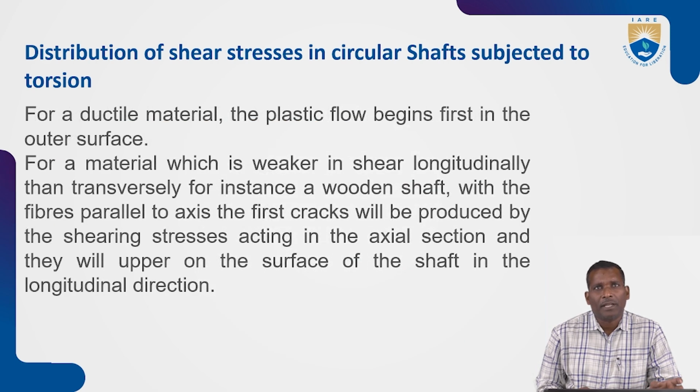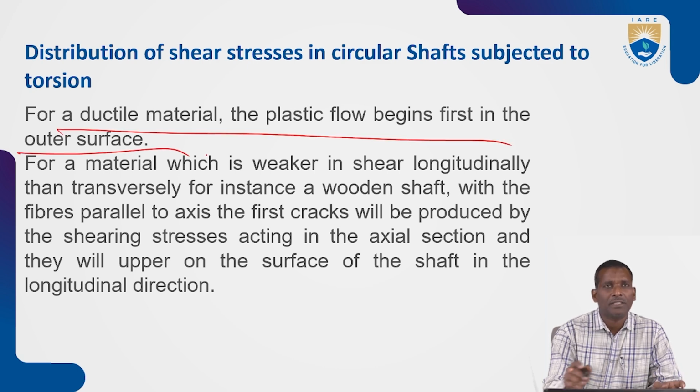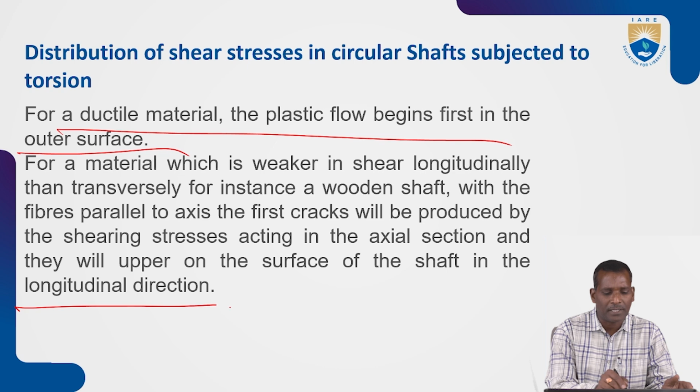For a ductile material, the plastic flow begins first at the outer surface. For example, mild steel. For a material which is weaker in shear longitudinally than transversally, for instance a wooden shaft with the fibers parallel to the axis, the first crack will be produced by the shearing stress acting in the axial section, and they will appear on the surface of the shaft in the longitudinal direction.